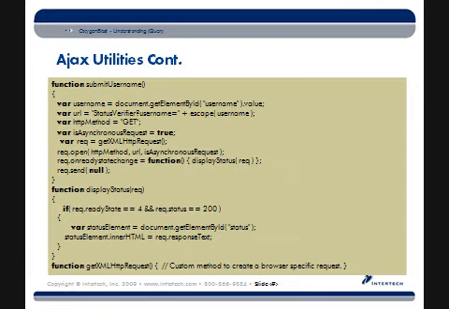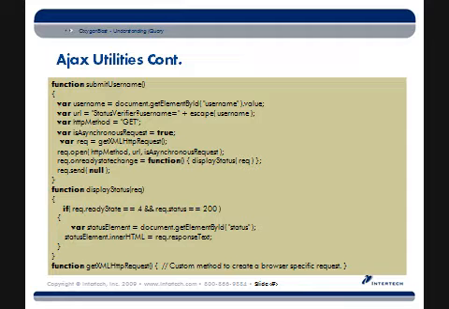So in my Ajax request, I first have to grab that value. So I grab using document get element by ID. Again, this is the traditional JavaScript example before we show you the jQuery equivalent. So I grab that username, I put it inside of a URL, I construct my object so that I can make an Ajax request. You'll notice here that at the very bottom, I've got a function created, get XML HTTP request.